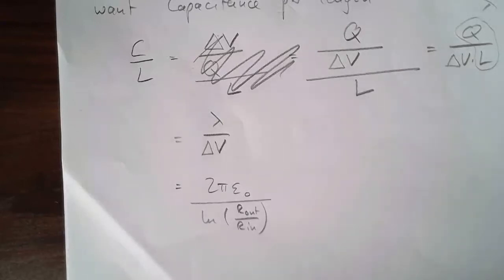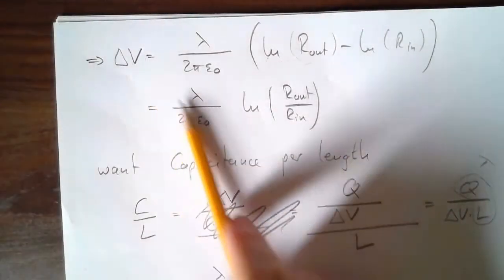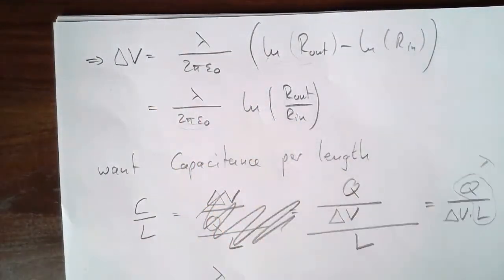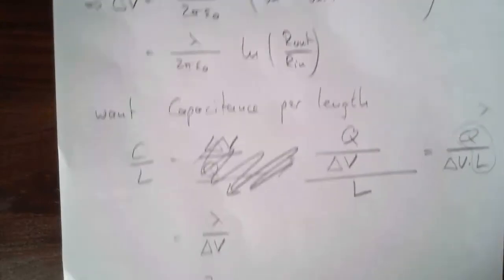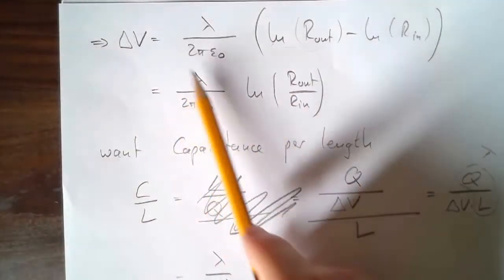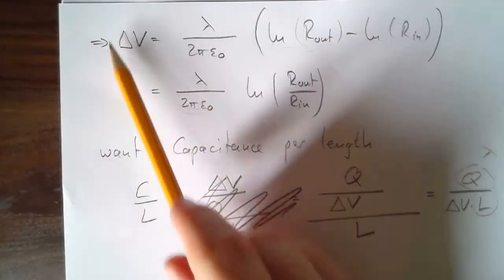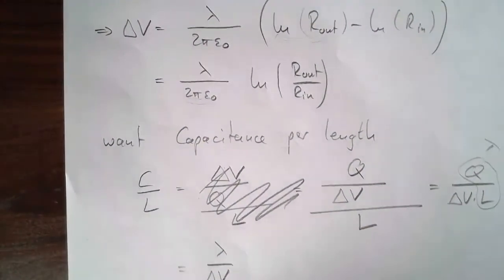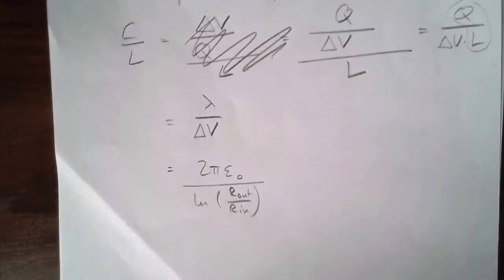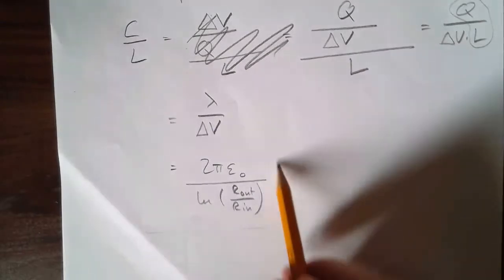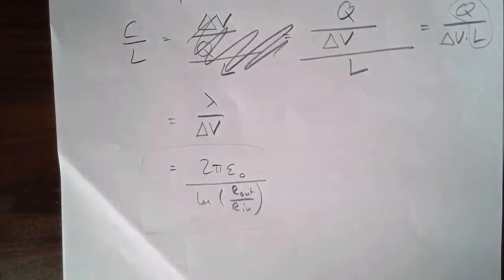Because in all those cases, charge and potential difference are linearly related, right? Delta V is something times lambda, not lambda squared or lambda cubed, not square root of lambda, no. This is linearly related to lambda, or linearly related to the charge Q, depending how you want to express it. Okay, so this is my capacitance per length for the coaxial cable.